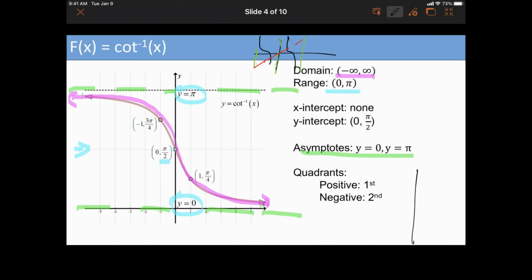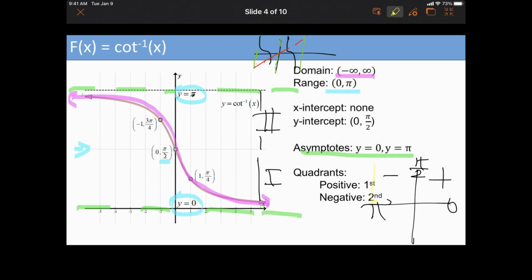So for here, we have 0 to pi over 2. It's positive. That's here, first quadrant. And then pi over 2 to pi, this is going to be our second quadrant, and this is where it's going to be negative.